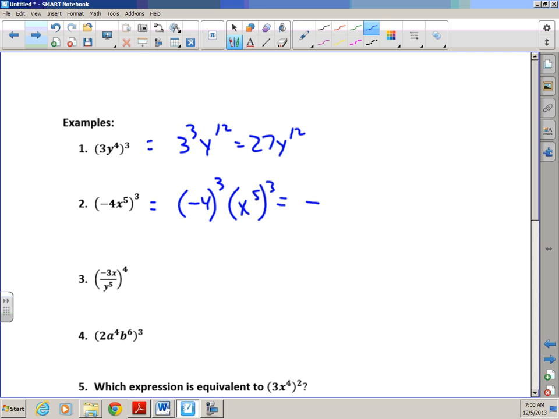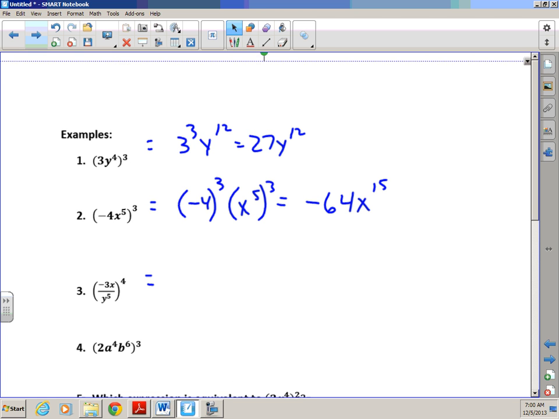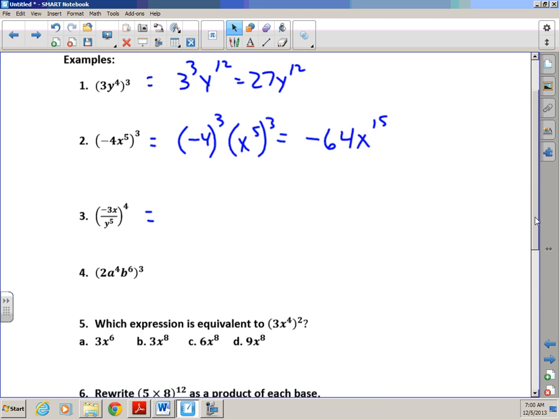Negative 4 cubed is negative 64 x to the 15th. Remember what we talked about yesterday, that you have to be careful there. If this helps you to understand whether it's going to be a positive or negative, this is telling me to multiply a negative number 3 times. A negative number 3 times is going to be a negative answer. Here, I'm multiplying a negative number 4 times, so you should be expecting a positive answer.